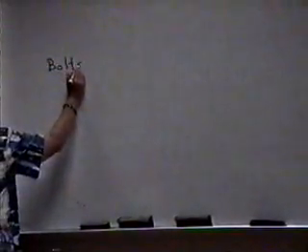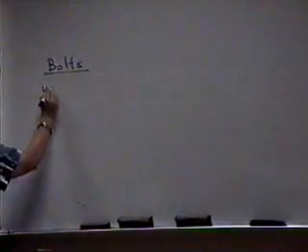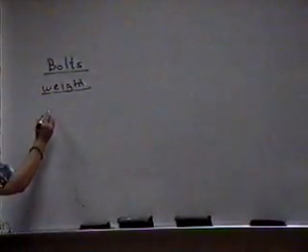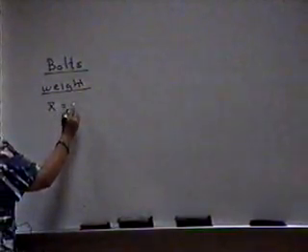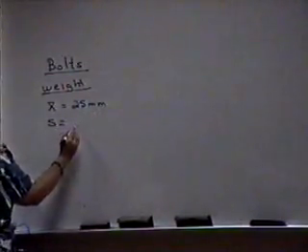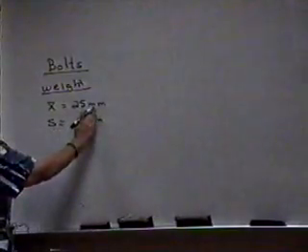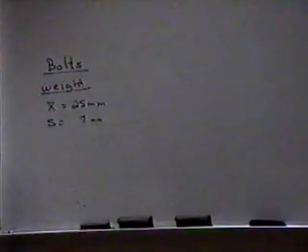If you have a company and you make bolts, and you measure the weight of the bolts, and the average weight of the bolt for this sample, you one day went in and picked out a sample and you took the average weight, and the average weight turned out to be 25 milligrams with a standard deviation of 7. And the standard deviation is in the same units as the mean.